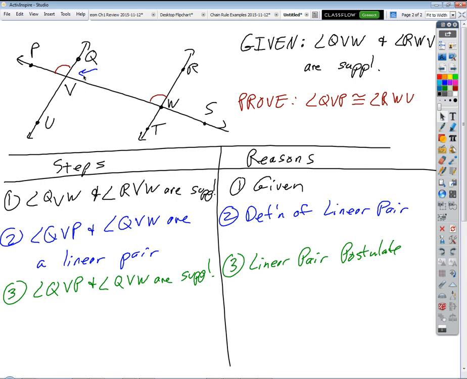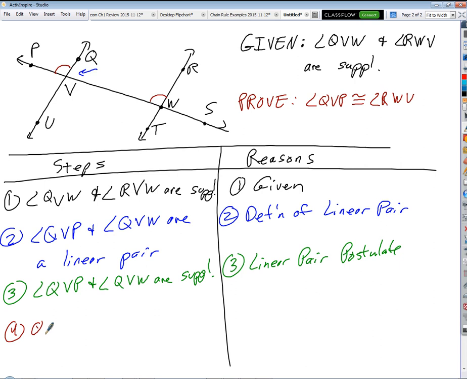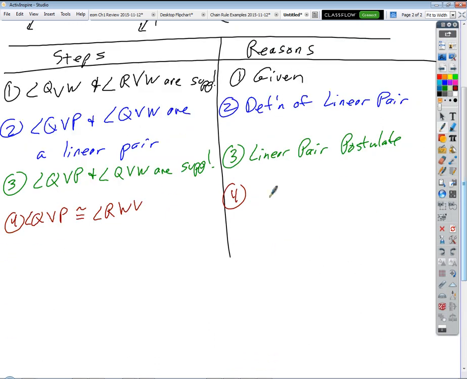Okay. So the last step would be the proof step. Angle QVP is congruent to angle RWV by the congruent supplements theorem, okay?